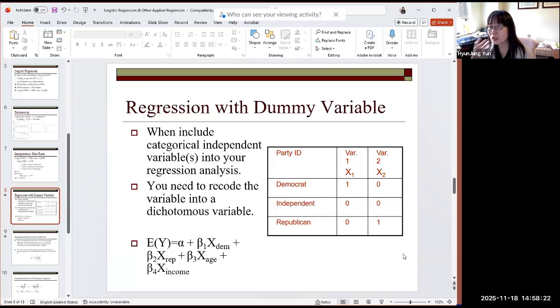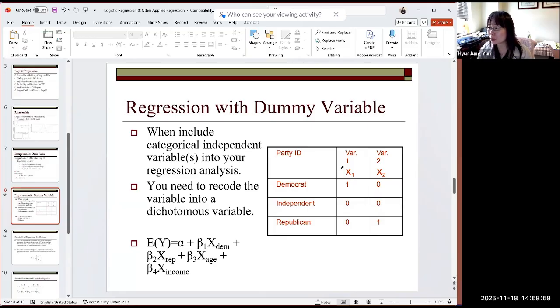In order to do that, here is what you do in the variable cleanup stage. Party ID is maybe the example. You have Democrat, Republican, and Independent, and a regression model does not recognize them as separate groups. Instead, it thinks they are numerically related, and that's not what we want to measure. So you make a separate variable for each group out of party ID.